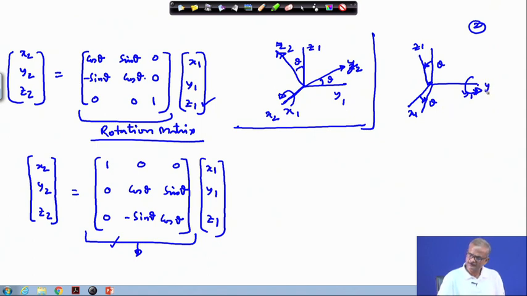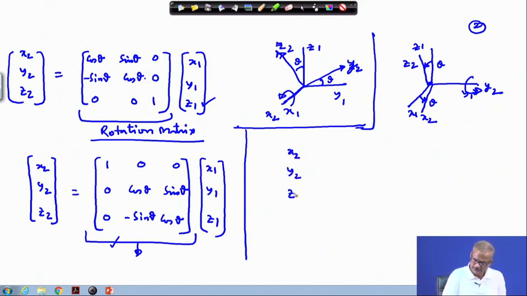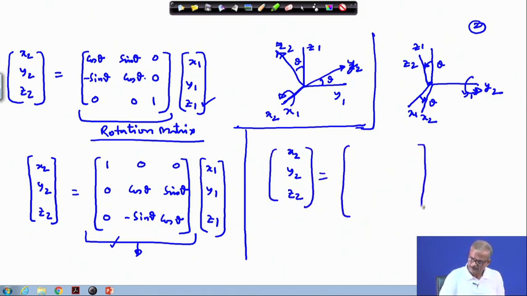So, we can see that y 2 remains along the same direction, this becomes z 2 and here becomes x 2. Now, here a little change you can observe as you use the equations developed earlier. What you will see is that x 2, y 2, z 2 equals the matrix times x 1, y 1, z 1, where we rotated about the y axis.